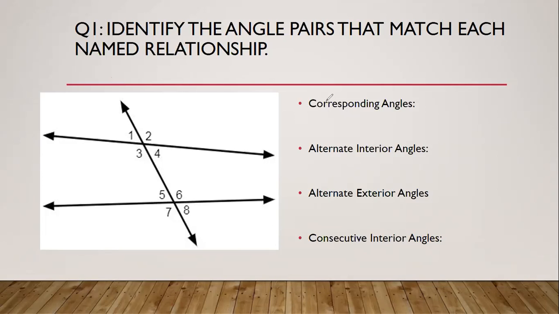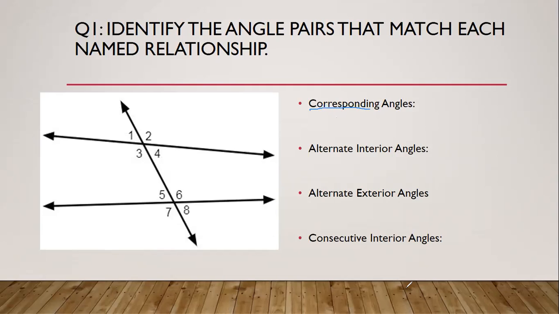Okay, so remember, corresponding angles, that's our first one. Corresponding angles are angles that are in the same corner, okay? So I want you guys to try to do these with me, but for the sake of time, this is more of a review. So remember, corresponding angles are angles that are in the same corners or the same positions in each quad here, okay?